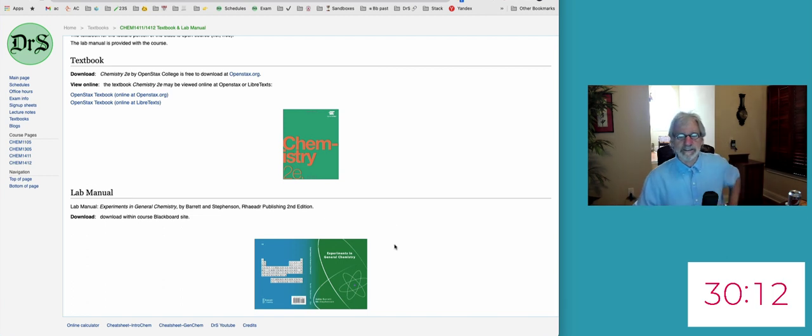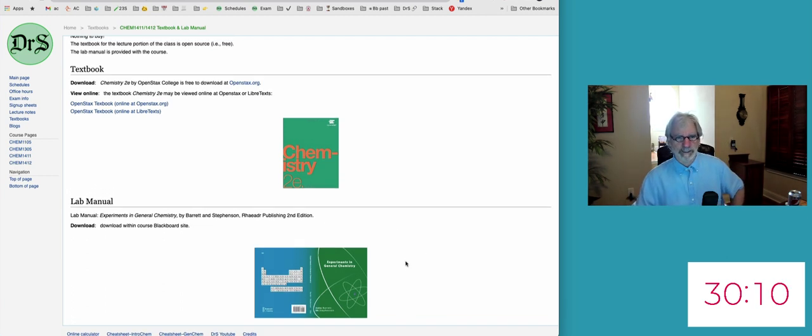And the good news is it's basically all free. The textbook we're going to use is open source, so you can download it if you like as a PDF. And there are 2 different places that post it live and online. So you have your textbook completely from minute 1 of this course.